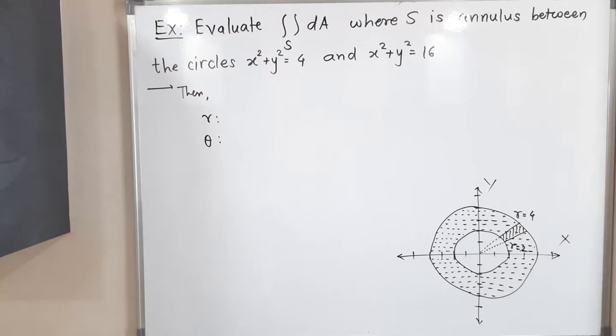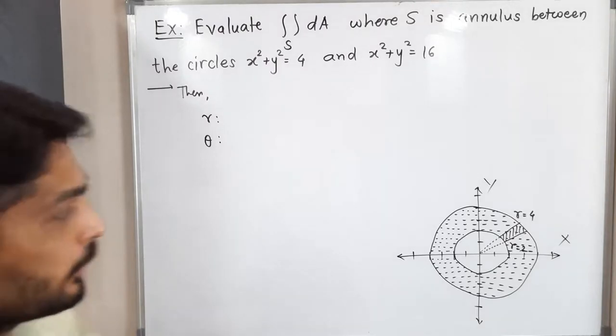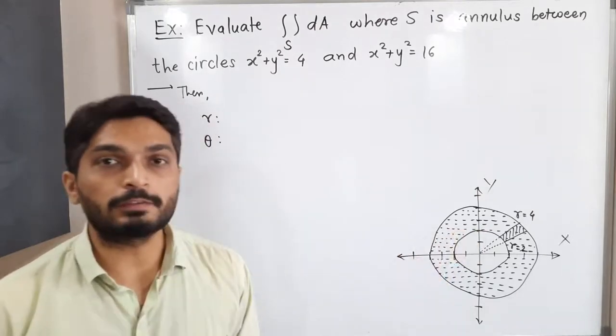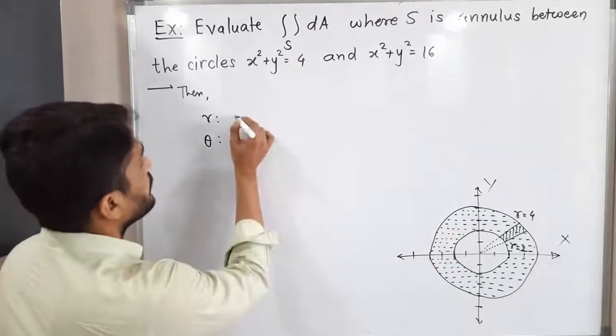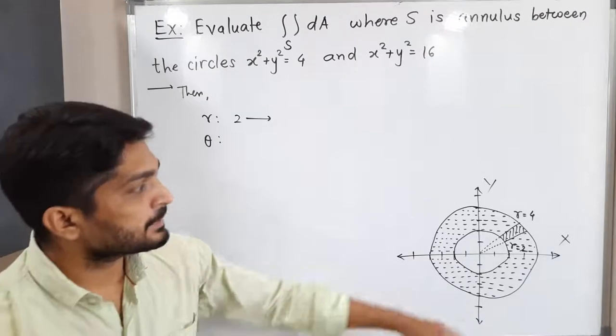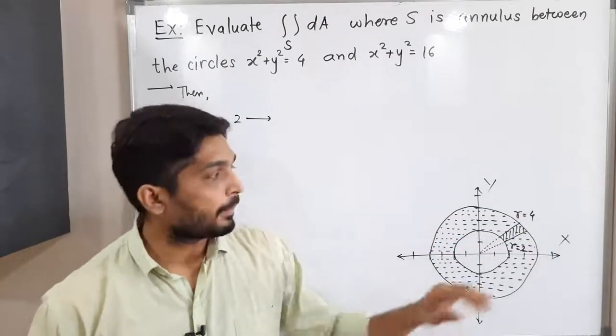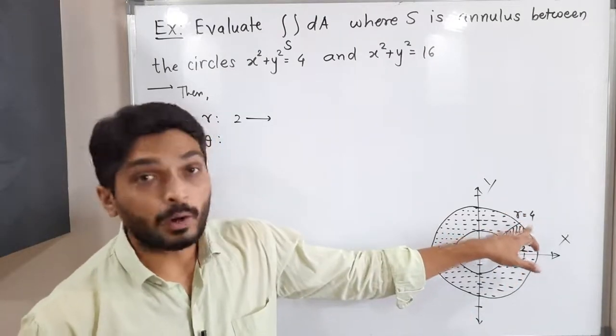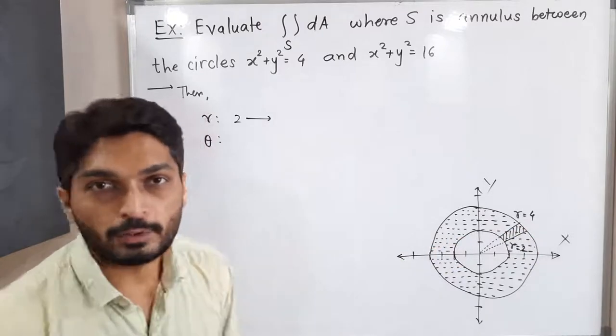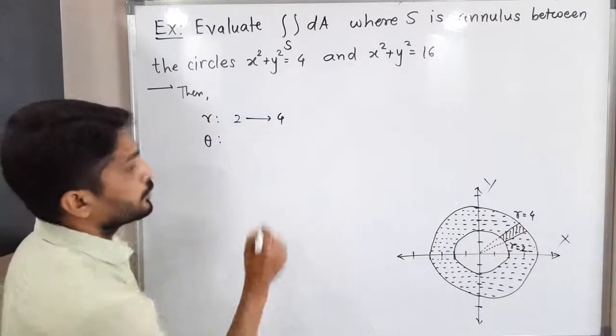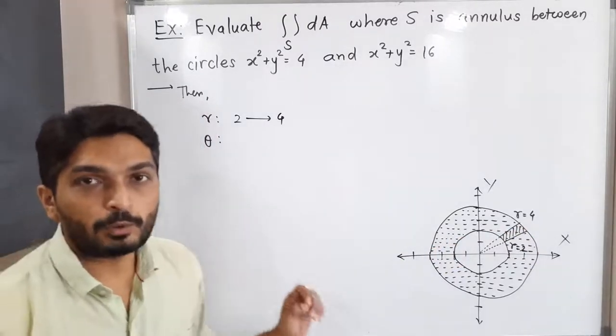Let us find the limits of r and theta now. The strip is bounded below by the inner circle, whose equation is r is equal to 2, so I should write 2 here. And the strip is bounded above by the outer circle, whose equation is r is equal to 4. So r should vary from 2 to 4. After that, let us talk about theta.